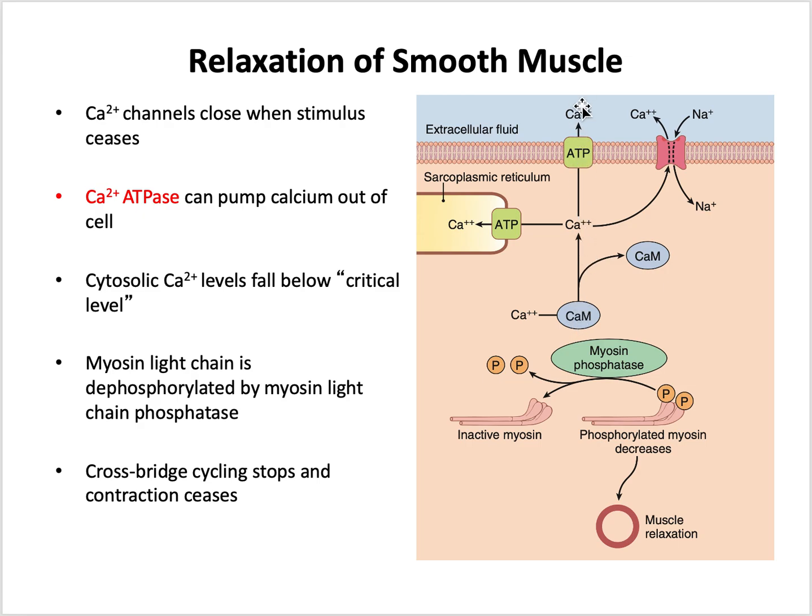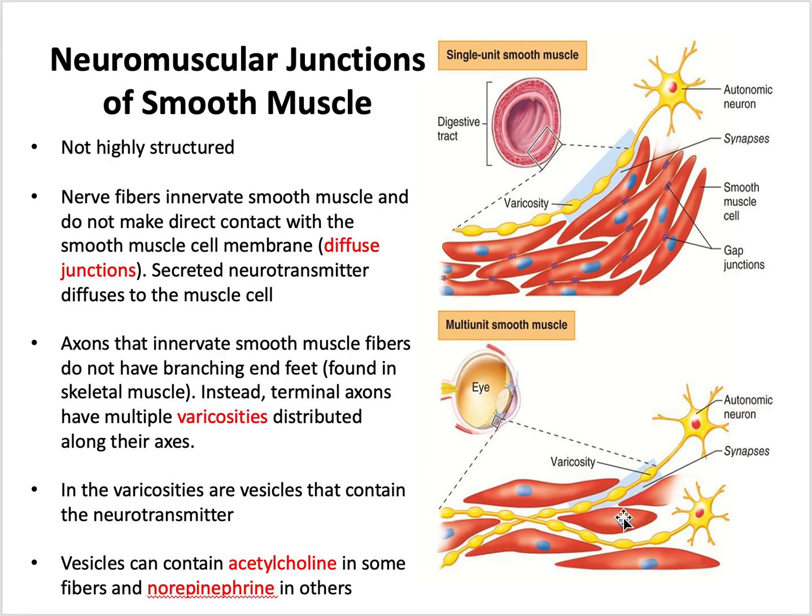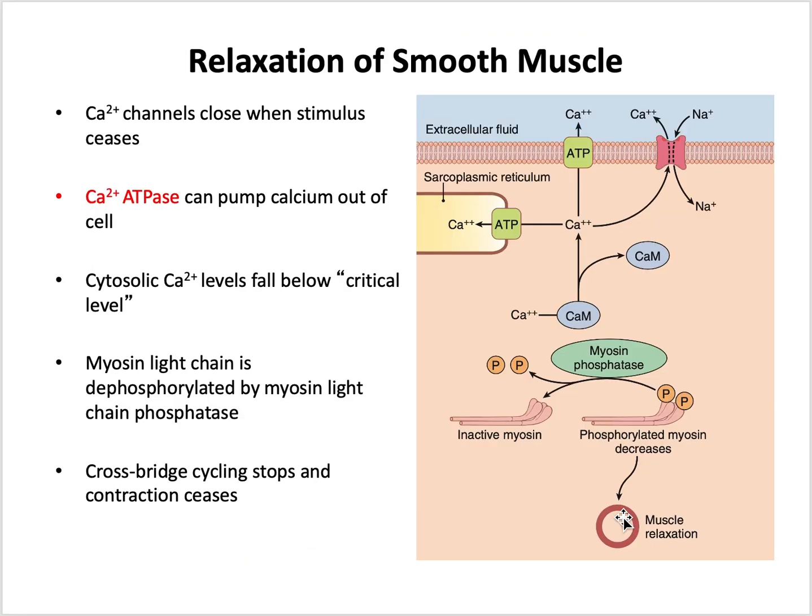So with the pumping out of calcium and the activity of myosin phosphatase, we can get muscle relaxation. Okay? And so how quickly smooth muscle cells can relax will be dependent upon the levels of myosin phosphatase present in the cells, as well as the activity of these ATPases.